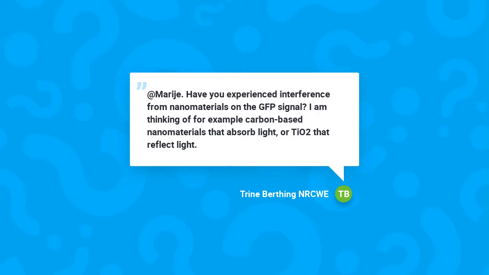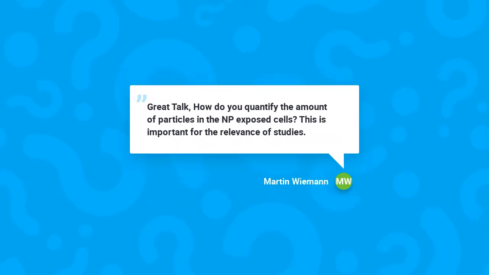Yeah, I see another question in the chat, about how to quantify the amount of particles within the spheroid. That's a good question, and we are currently testing it with electron microscopy to see where the nanoparticles end up, if only the outer cells take up these nanoparticles, and how the distribution is within these spheroids, especially since it's embedded in Matrigel.